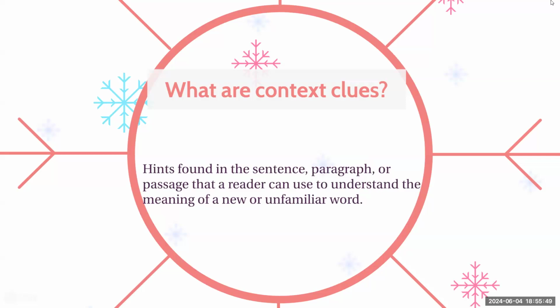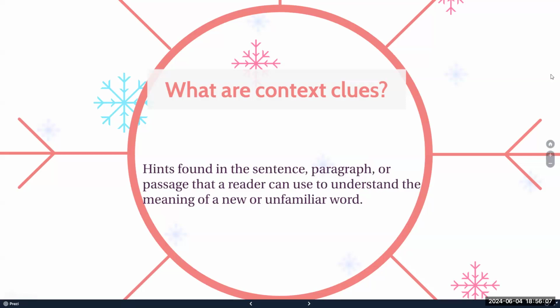There's some kind of work going on. And that is called an educated guess. You look at the clues or the hints around you, and that's how you realize the meaning of something. Okay? Cool? Those are context clues.